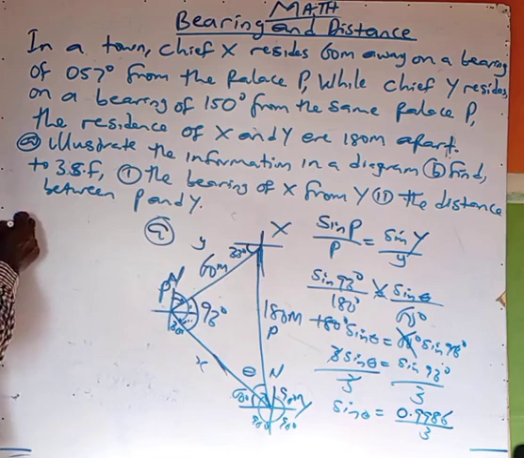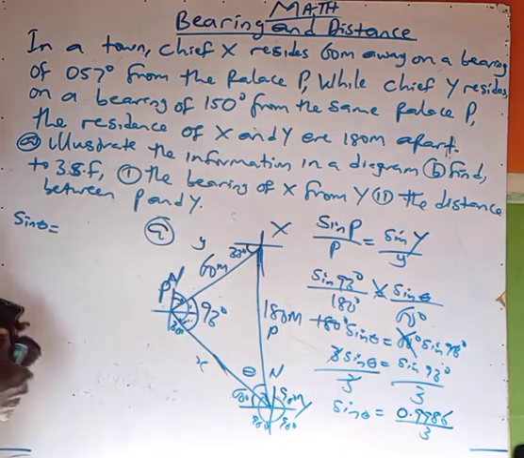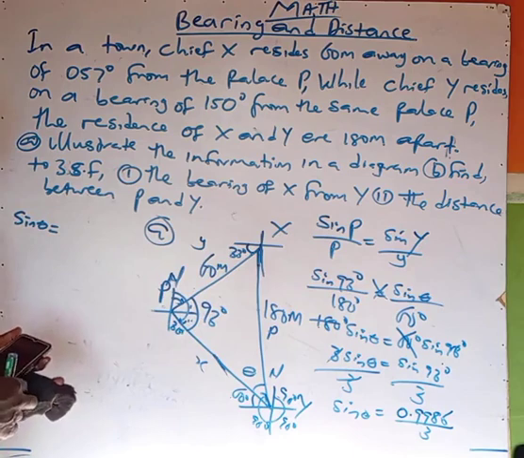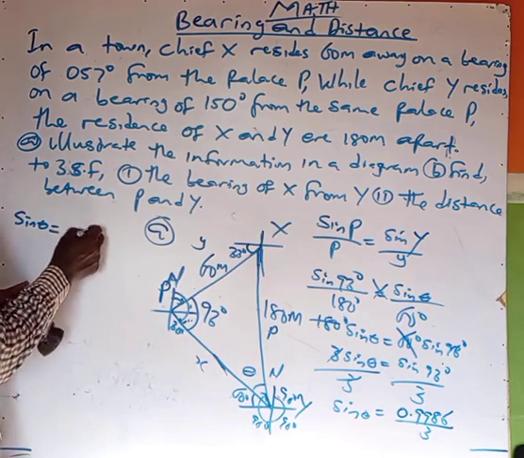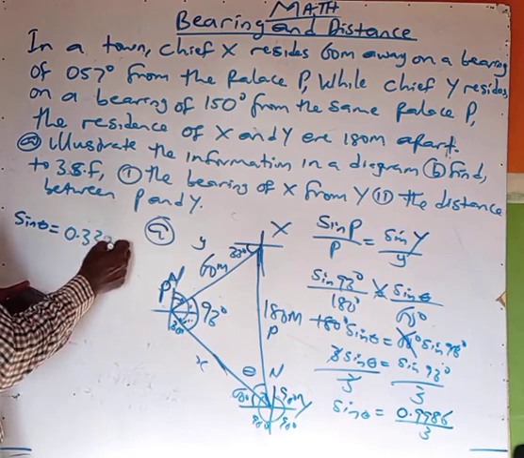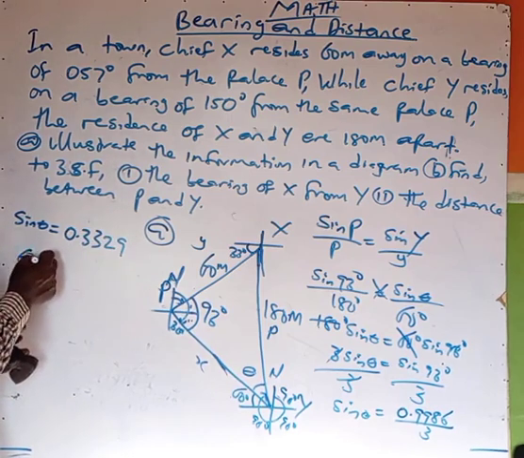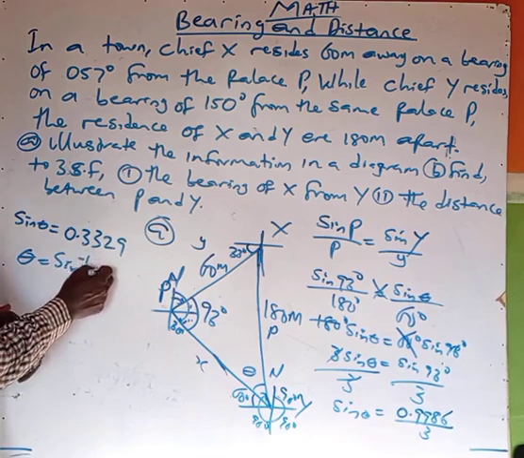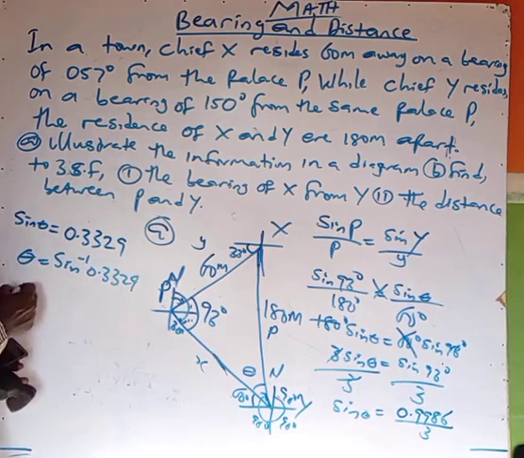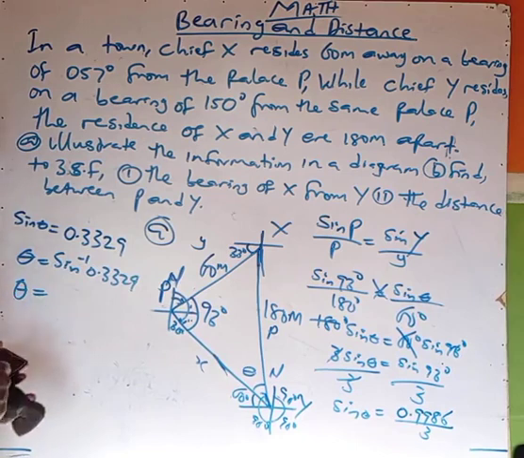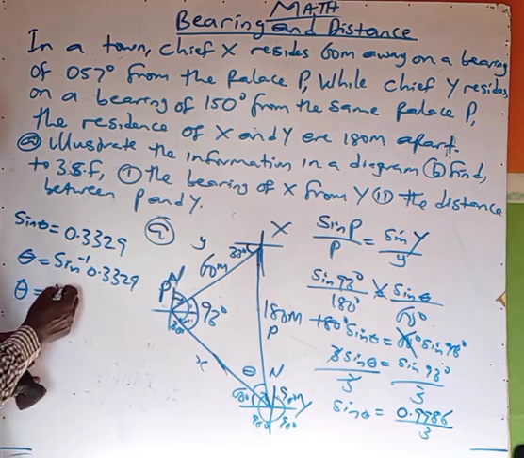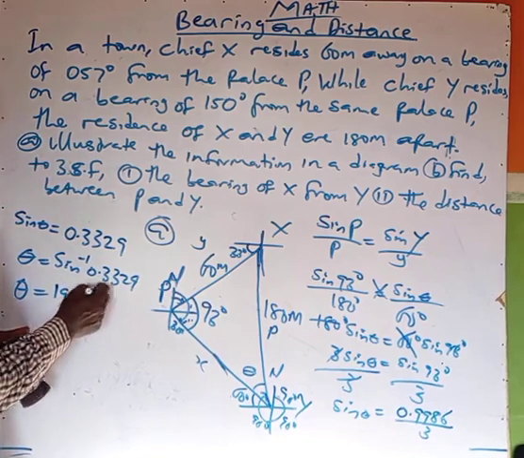So sine theta equals 0.9986 divided by 3, so you will have 0.3329. So theta equals arc sine of 0.3329, and this gives you 19.44 degrees.